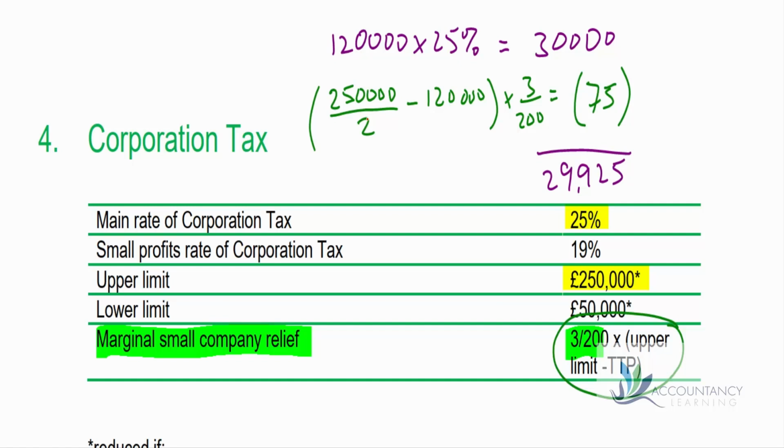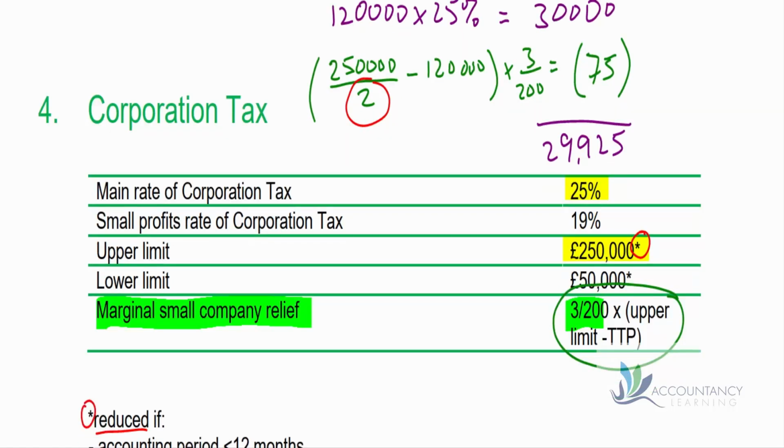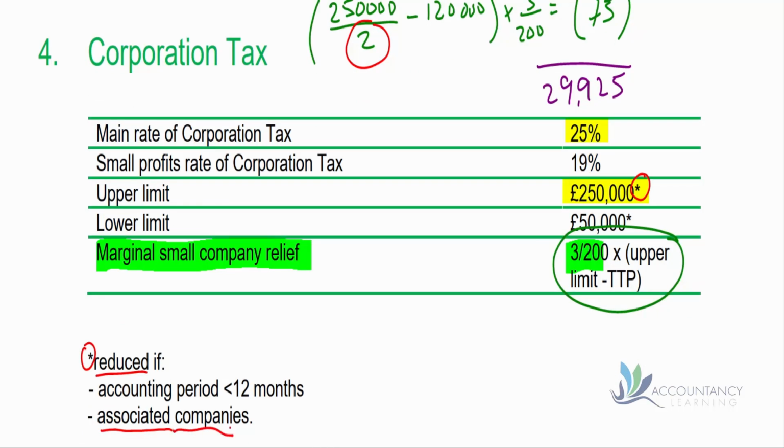So the thing you need to look out for here is the issue with the associated companies, because the reference materials don't really clarify what exactly you need to do. It tells us that the upper limit is reduced if there are associated companies, but the reference materials don't say exactly how to do that.